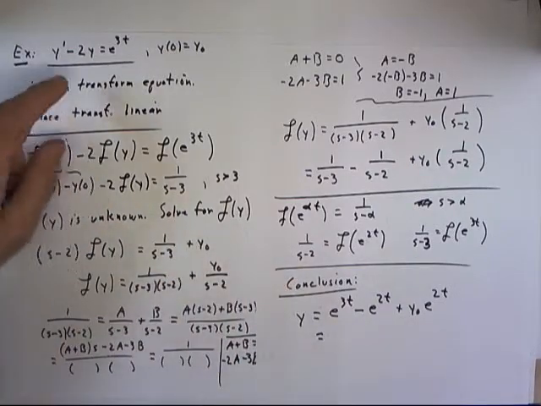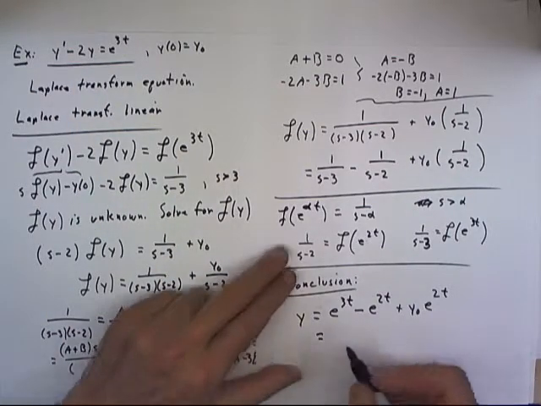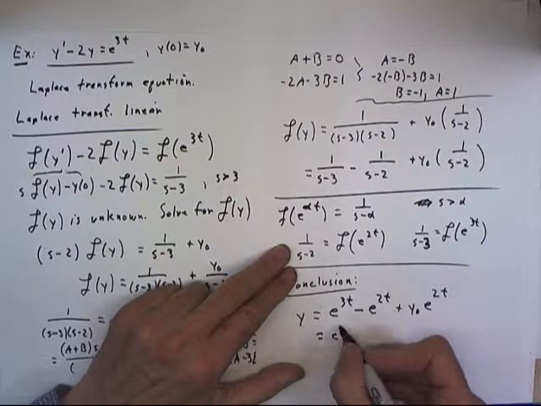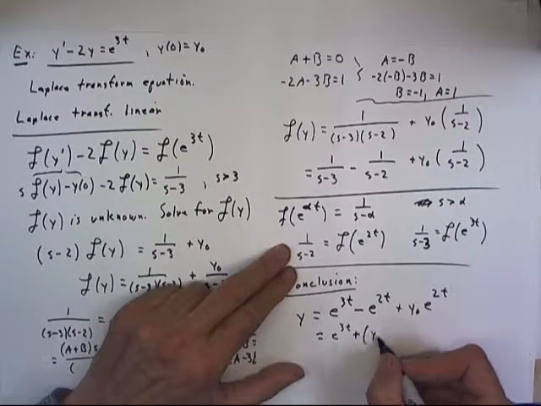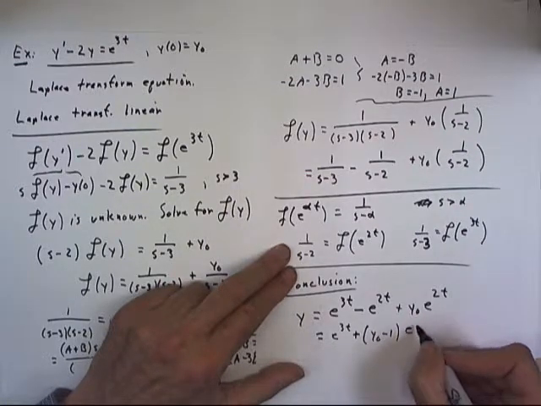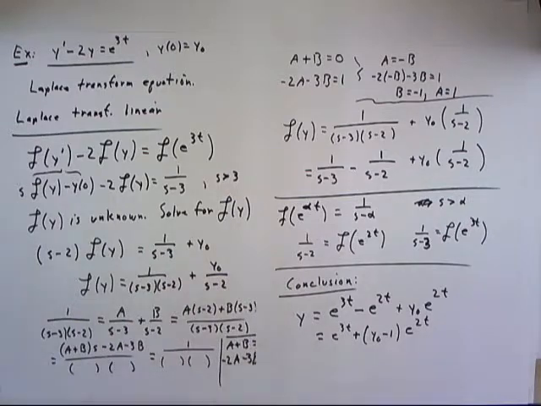Now to verify that this is a solution to the equation, I'm going to write this as e to the 3t plus y naught minus 1 multiplied by e to the 2t.